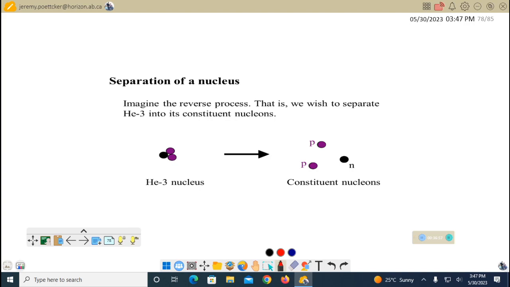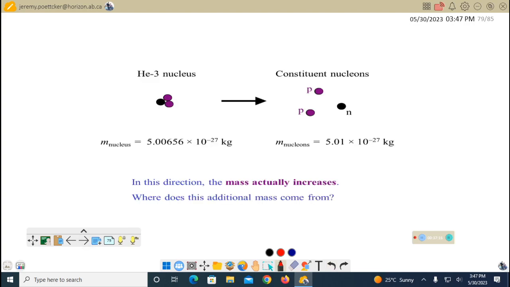Let's reverse the process. If we look at just the energy found in the particles from the mass, this mass is less than this mass. We just figured that out. Where does the additional mass come from?